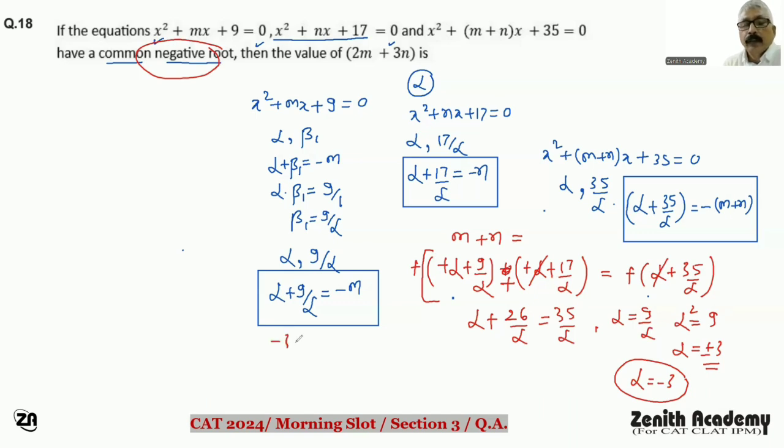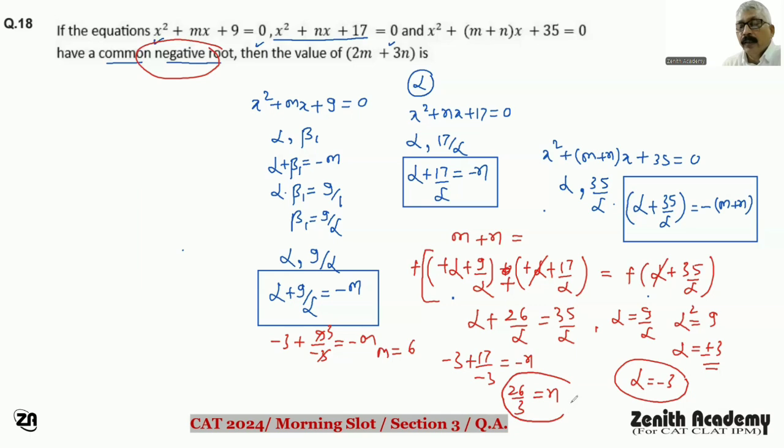Minus 3 plus 9 upon minus 3 is equal to minus m. So minus minus cancel. So m is equal to 6. And here put the value of alpha. So again here minus 3 plus 17 upon minus 3 is equal to minus n, and minus minus cancel, so 3, 3, 9, 26 by 3 is n.